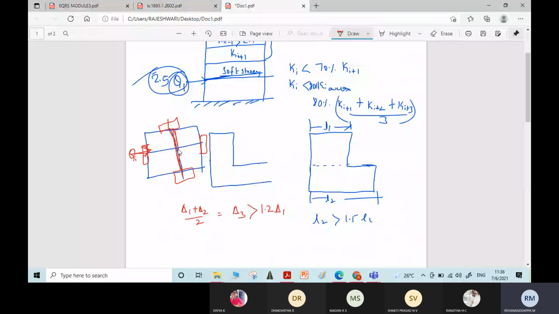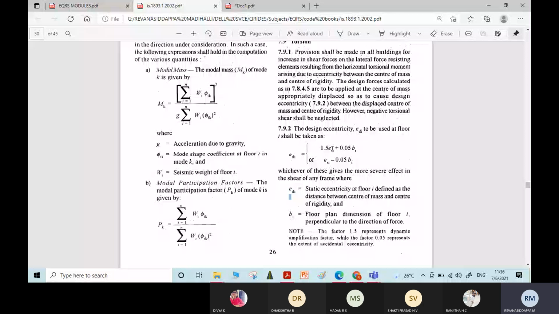Knowing BI and the static eccentricity at the ith floor, you calculate these two values and take the maximum value. By taking that as the design eccentricity, you will perform the design of the building. This is the guideline for considering torsional irregularity in a building.